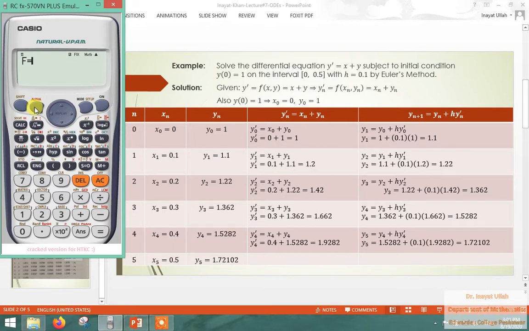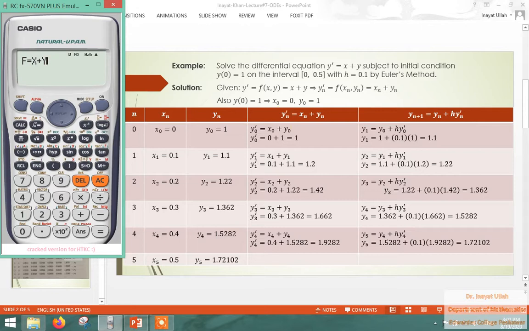So write x alpha, so that is x, then plus sign, then y, so alpha and this button. That is x plus y. So we have written this function, and you see that f is actually yn prime. Remember that f is yn prime.